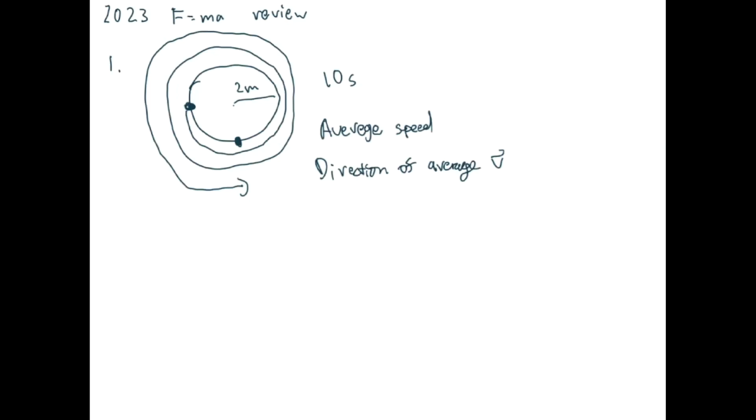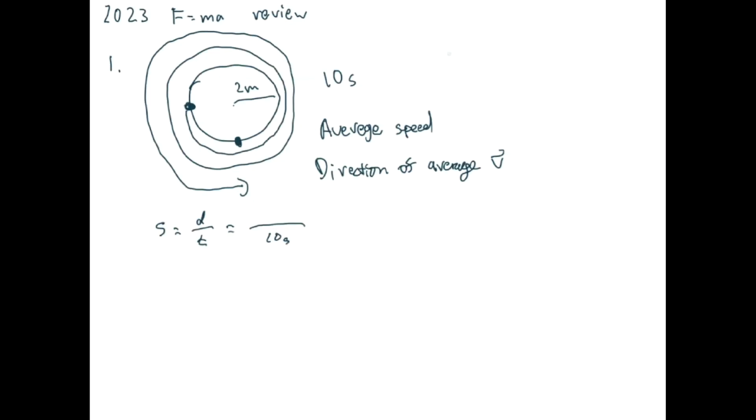Well, first of all, let's try to find the average speed. To do this, we can just use the definition of speed. Speed is the distance divided by the time. So we know that the time is 10 seconds, but what is the distance?